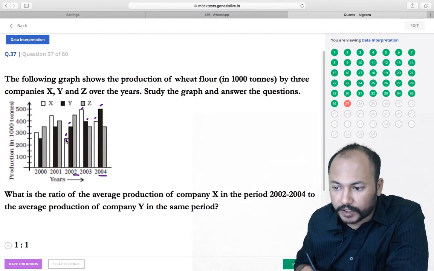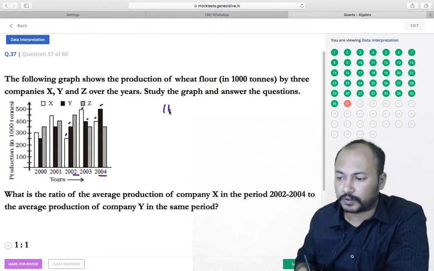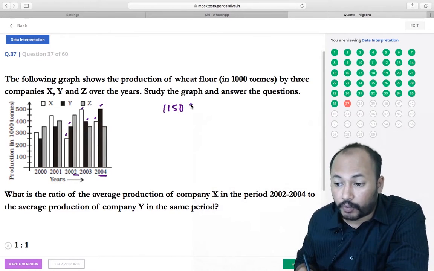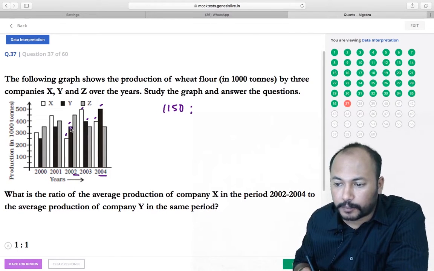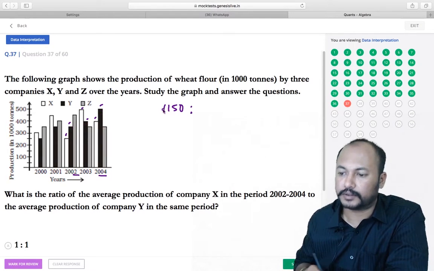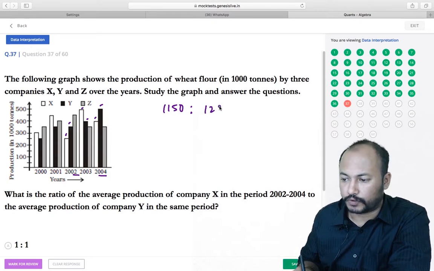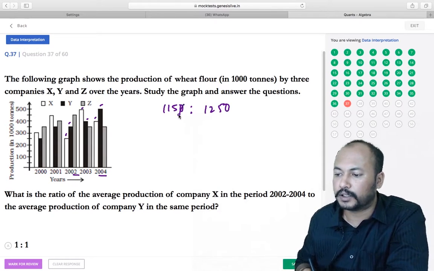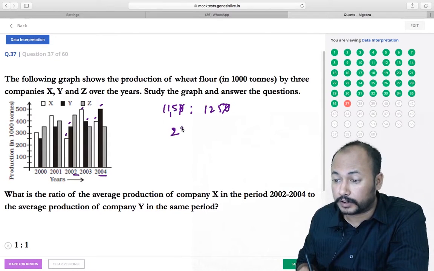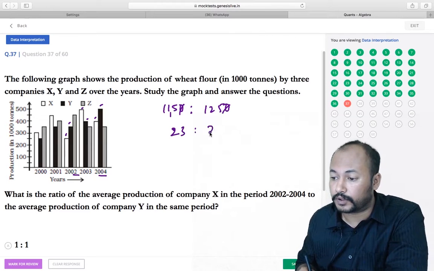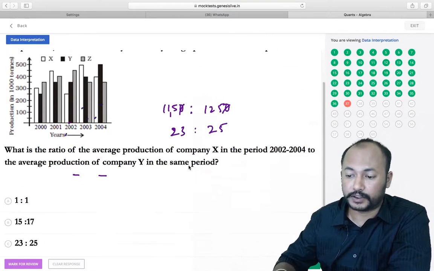So this is 250 plus 500 is 750 plus this is how much? 400. So 750 plus 400 is going to be 1150. Okay, that is for Y. For X, it is 350 plus 400, that is 750 plus 500, 750 plus 500 is 1250. So the ratio has to be, 5 twos are 10, 5 threes are 15, so 23 is to 25.